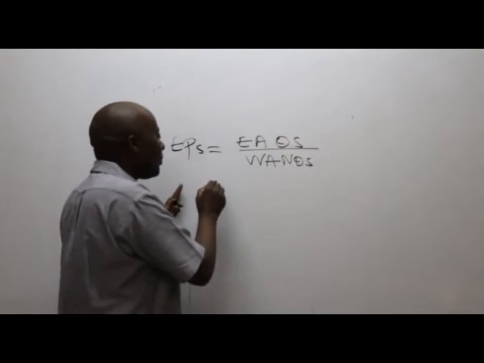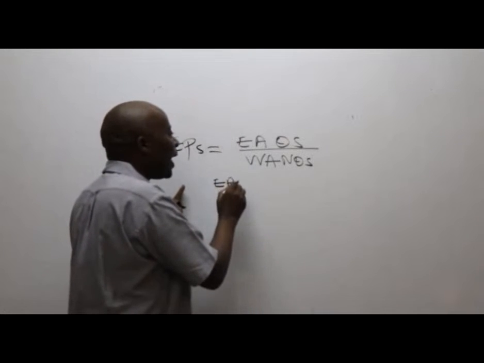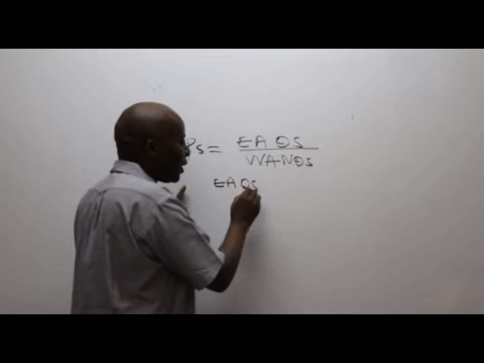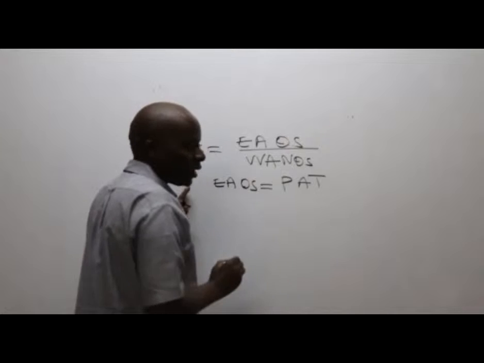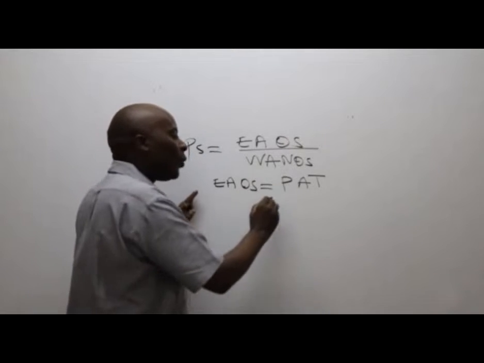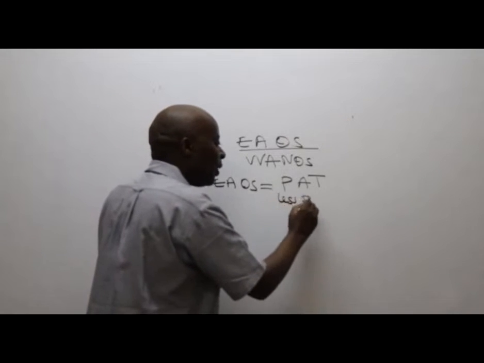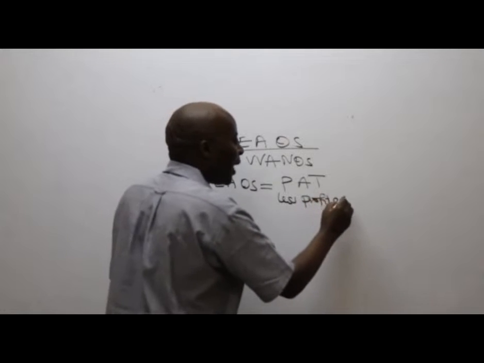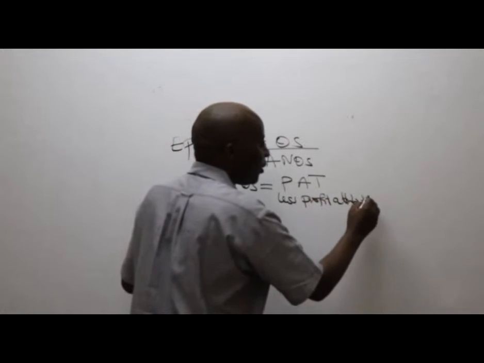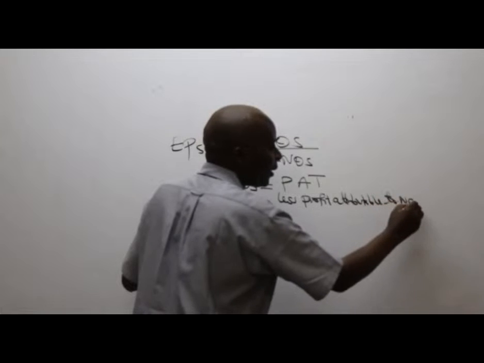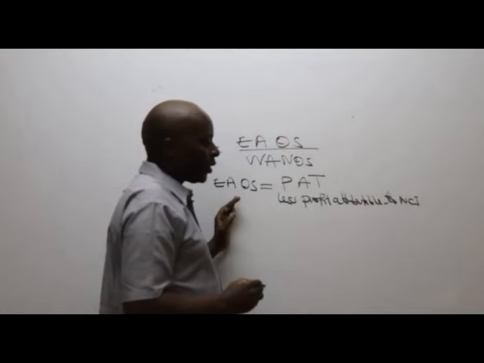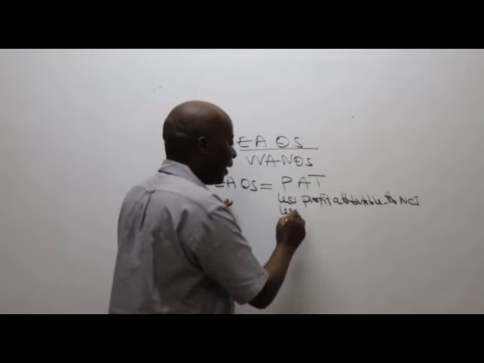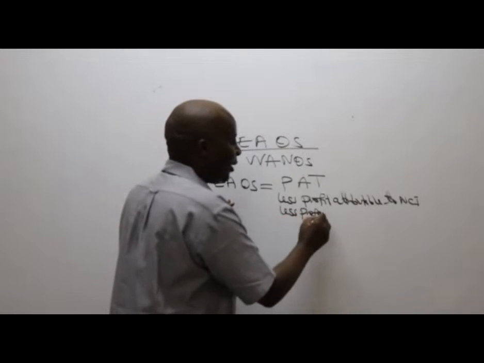So please come here. How do we get our earnings attributable to ordinary shareholders? This is very easy. We normally take profit after tax, and then we less profit attributable to NCI, and then of course we come under and less preference dividends.